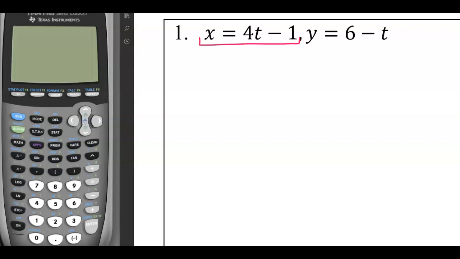How do we do that? Get t alone by doing what first here? We add 1 to both sides, so we have x plus 1 equals 4t. Then we divide by 4. So what does t equal in this problem? x plus 1 over 4.